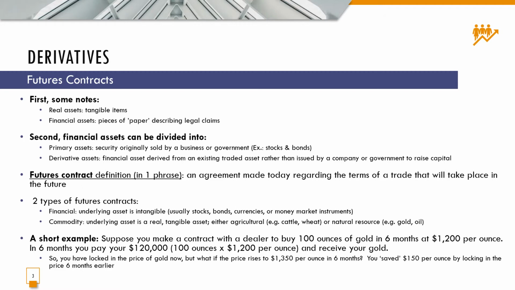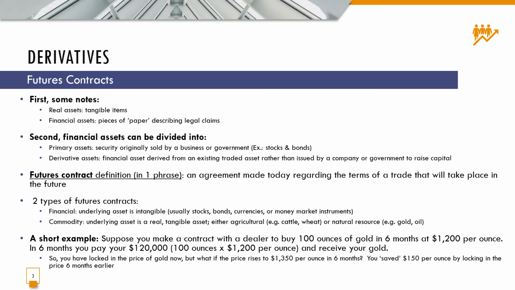So futures contracts. First, some notes. There are two types of assets: real assets, which are tangible items, and financial assets, which are essentially pieces of paper describing legal claims. Second, financial assets can be divided into primary and derivative assets.